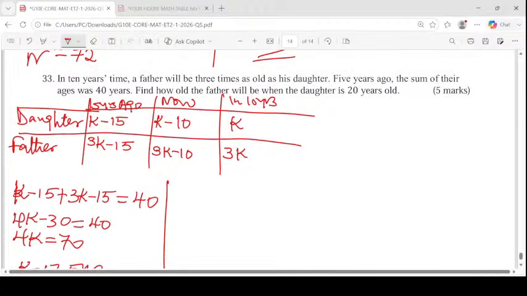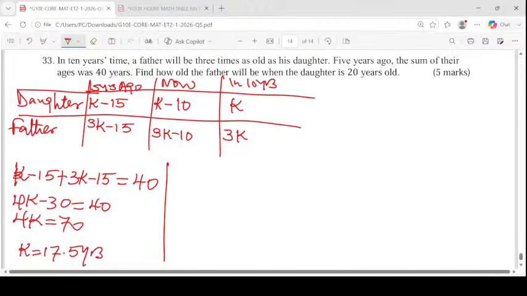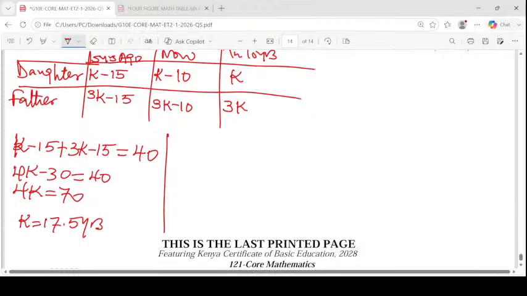Find how old the father will be when the daughter is 20 years old. When the daughter is 20 years old, meaning from this, you add how many years? If the daughter is these years, then the father will be 3 times 17.5, that is 52.5 years.